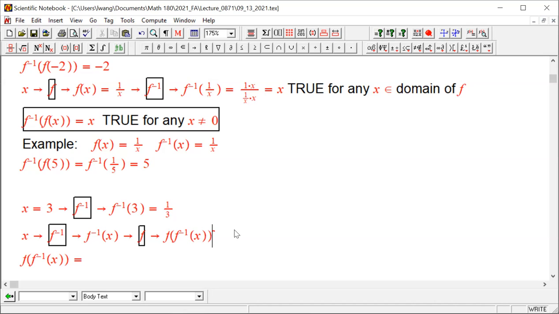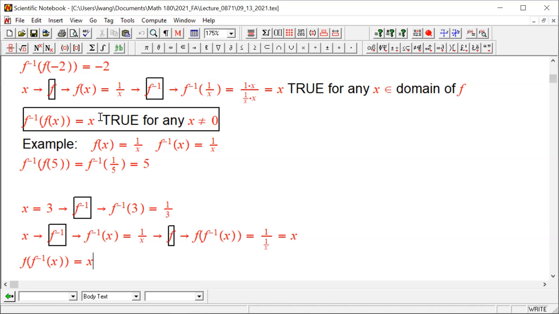This piece is going to be 1 over x, and over here it's going to be 1 over 1 over x, so it's going to be equal to x. So this is still true.